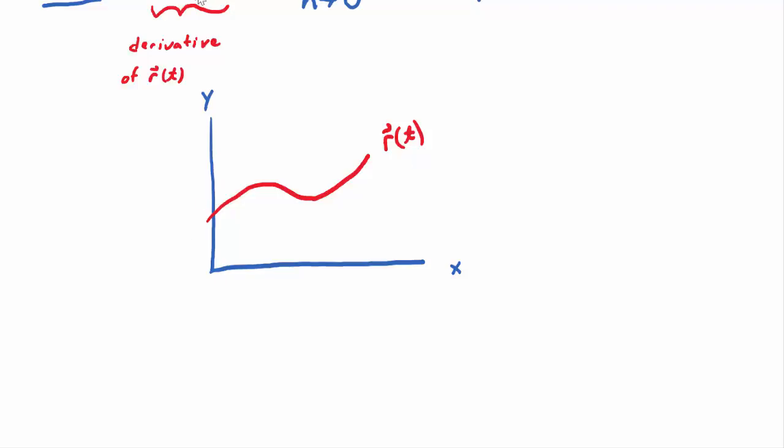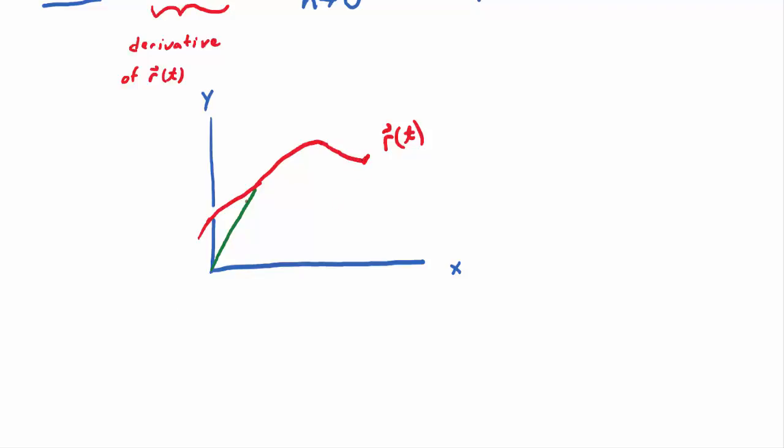Okay, so suppose then that this vector here is r of t. And you know what? Just so you guys can see what I'm doing, I'm going to make this look a little bit steeper.